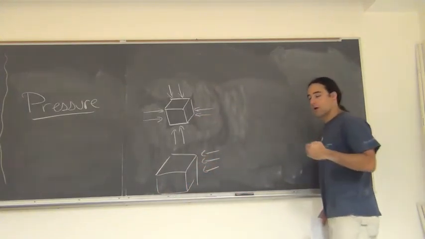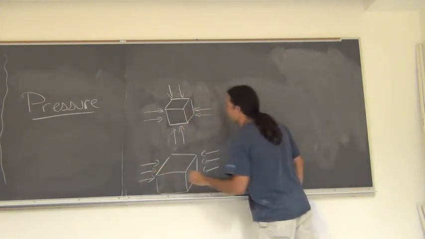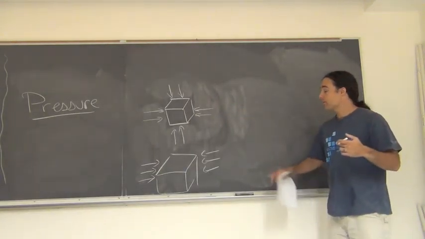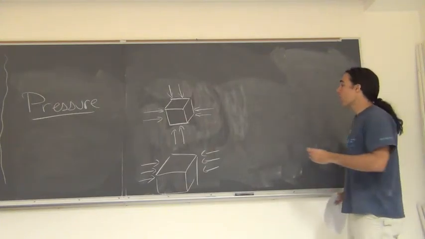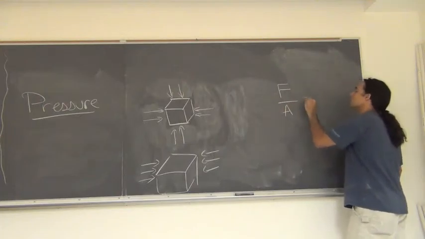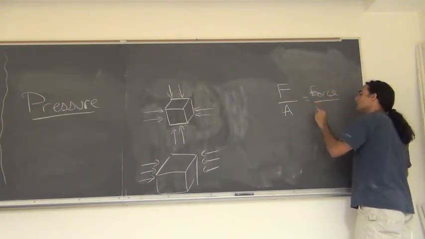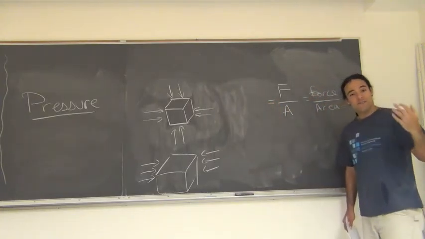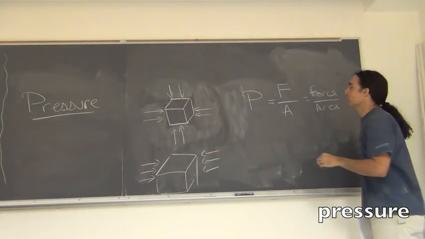I have 3 force arrows on it, 3 from the other side just to balance out. Rather than dealing with force, which we have to then be concerned about the size of the object, we're going to take the force per unit area. And we define this as the pressure. That's the pressure of the fluid.